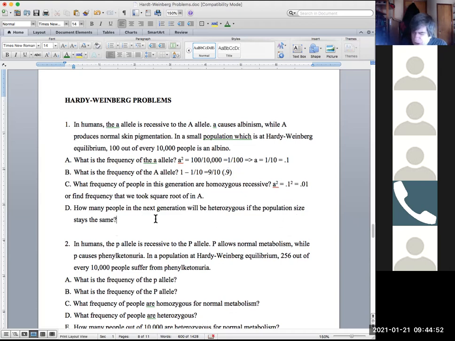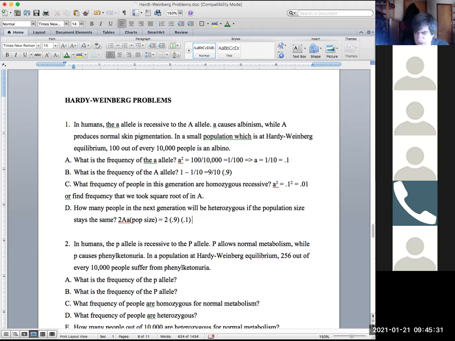How many people in the next generation will be heterozygous if the population size stays the same? Okay, so population size. So that means we're going to have to multiply by the population size. So this is going to be 2 times big A times little a, times the population size, or 2 times 0.9 times 0.1.